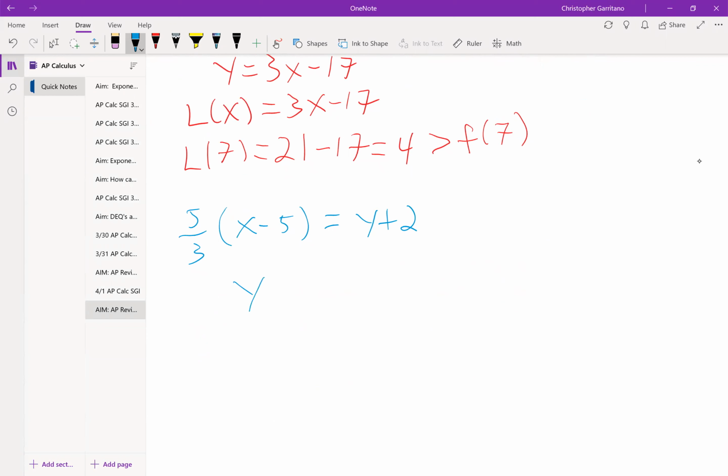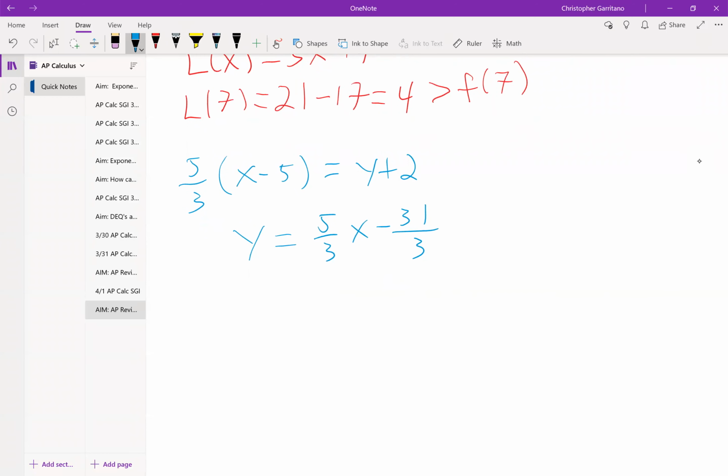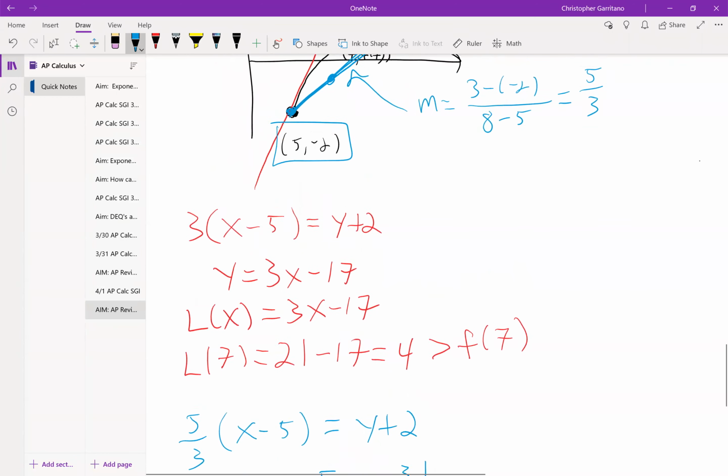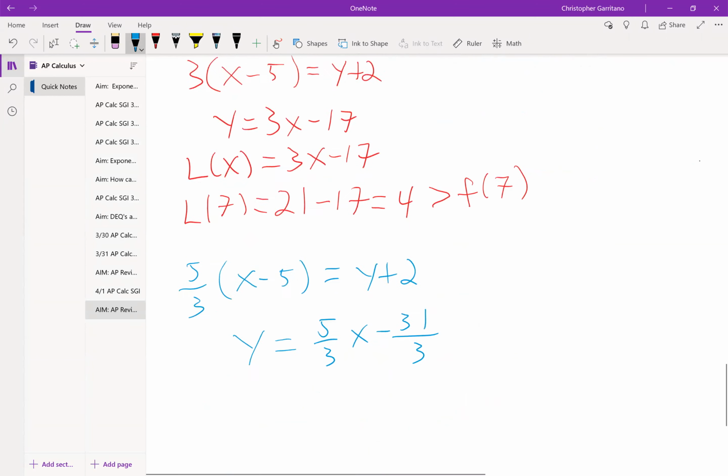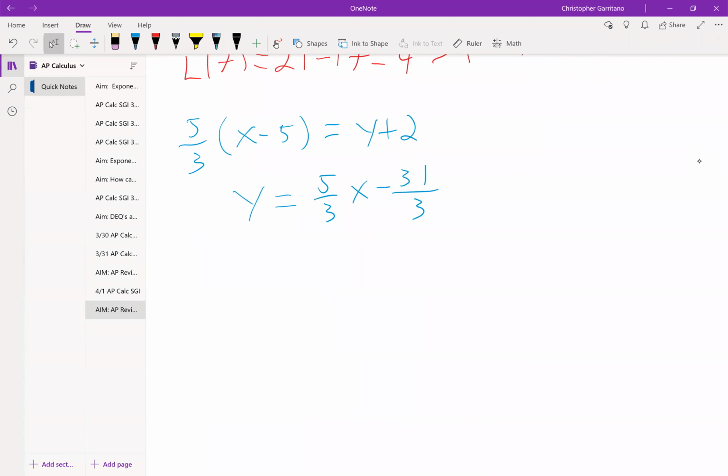This ultimately will give you y equals 5/3 x minus 31/3. And this is the line that I'm going to use as an approximation for the function again. Since it's a secant line, let's just call it S of x. So S of x is equal to 5/3 x minus 31/3.